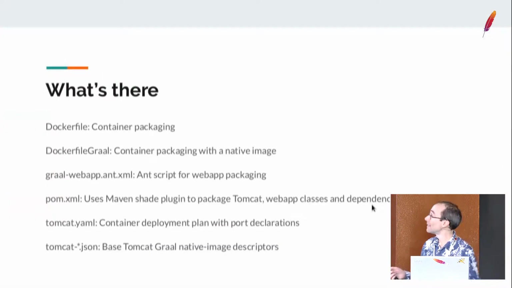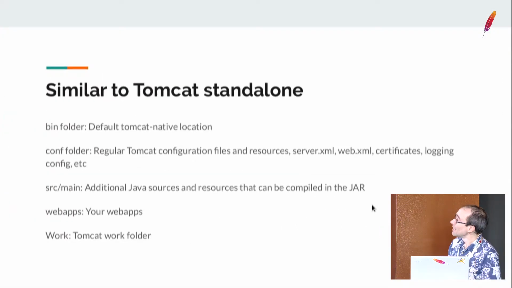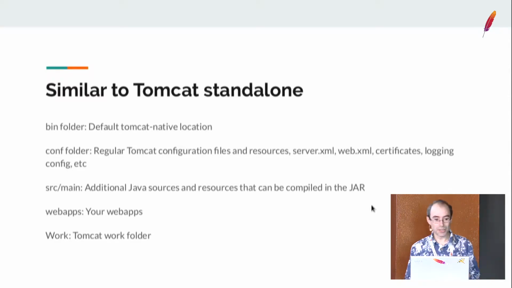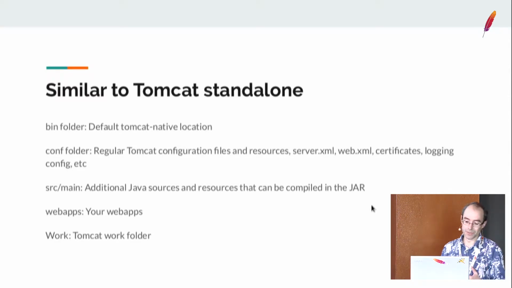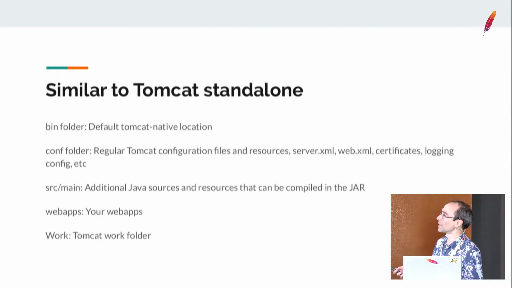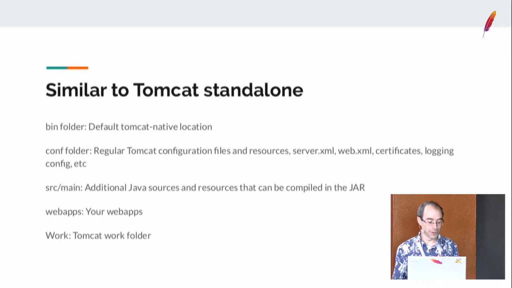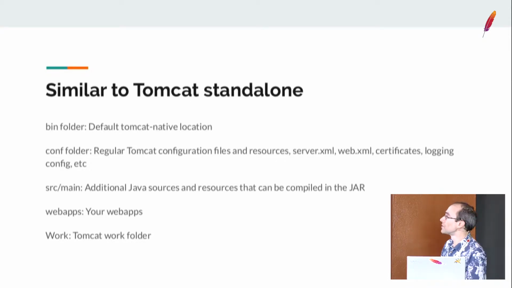All right. Next. So the thing is that the packaging is actually very similar to Tomcat standalone. You'll be able to use the bin folder, which is the default Tomcat native location. I'm going to take advantage of that. You can use the conf folder. Basically, you can put there all your Tomcat configuration files that you would otherwise use, like server.xml.